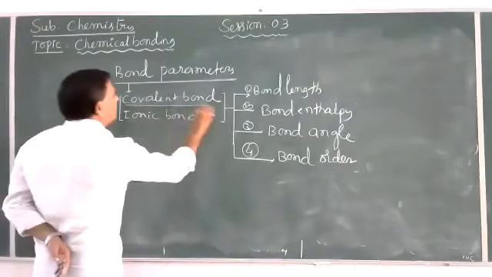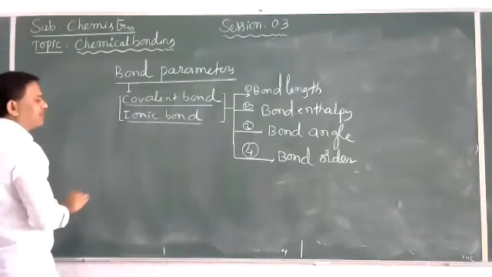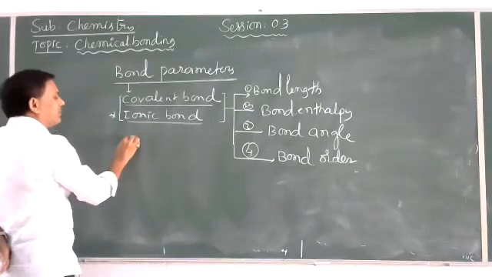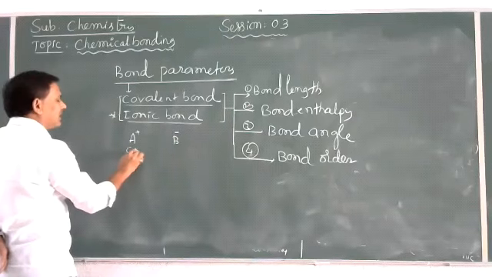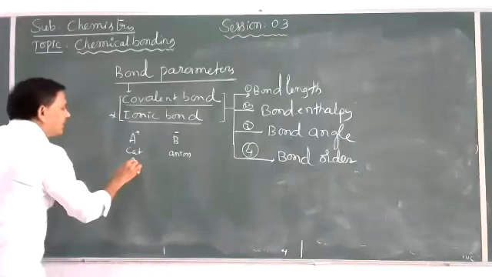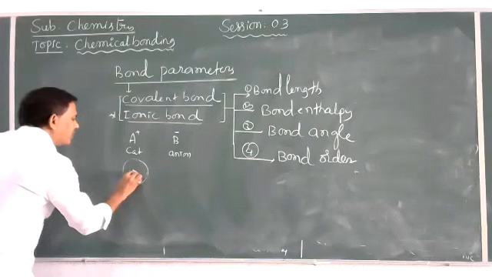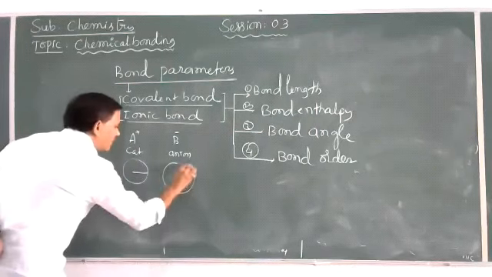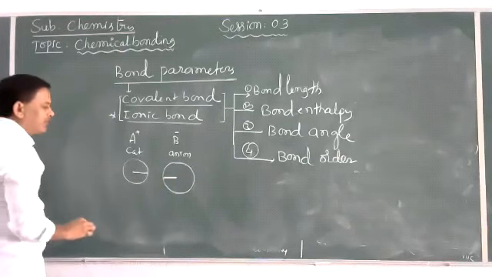Now, whether it is a covalent bond or an ionic bond, generally for an ionic bond, like between A plus and B minus, this is the cation and this is the anion. The cation radius is the distance from the nucleus to the positively charged ion, and the anion is from the nucleus to the negatively charged ion.